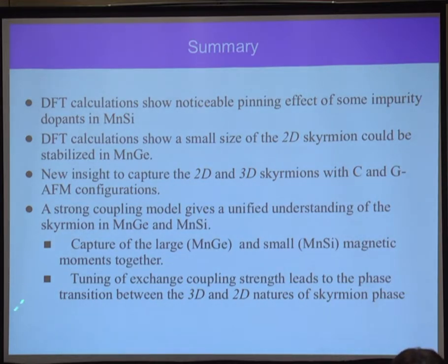And finally, we have proposed a strong coupling model, which we think gives an understanding of the different nature of the magnetic germanium versus magnetic silicide in the context of magnetic moments, in the context of the Skyrmion size, and in the context of the 3D versus 2D nature of the Skyrmion phase. Thank you.